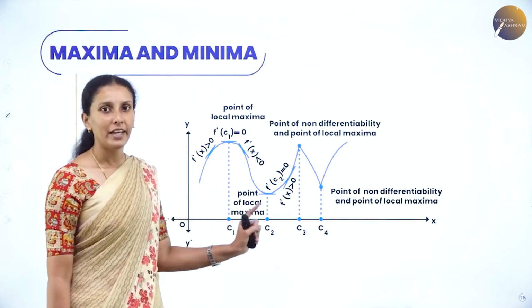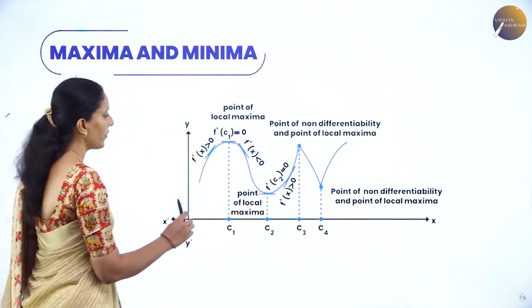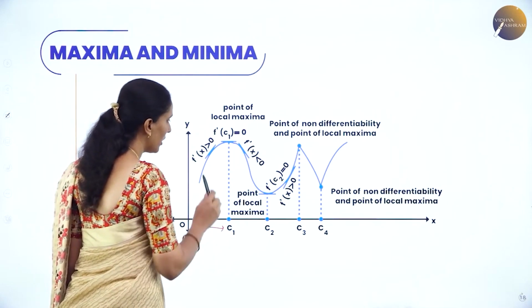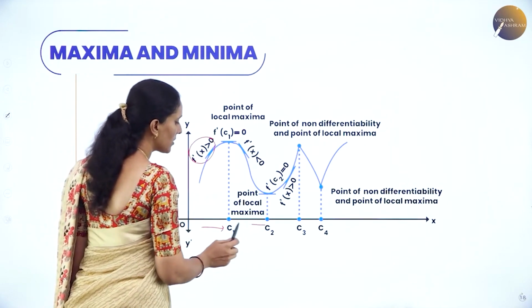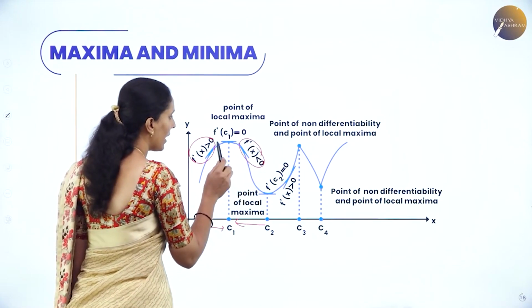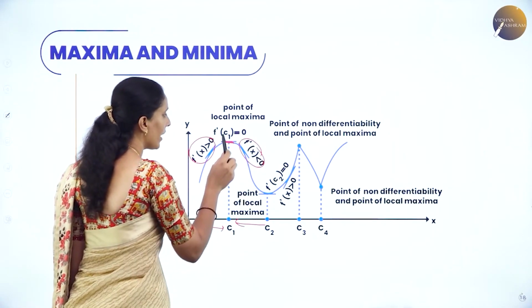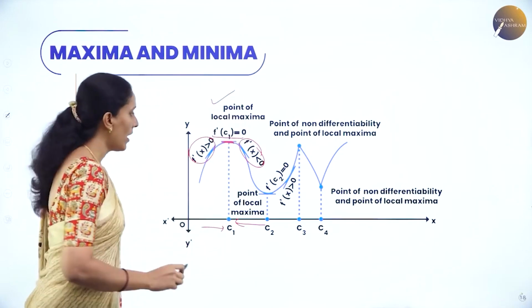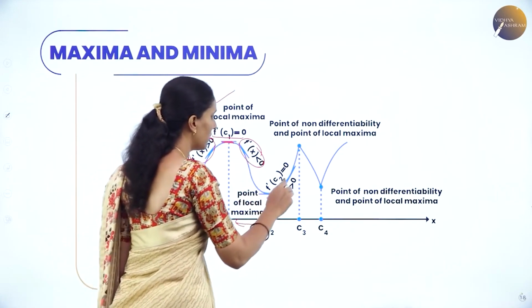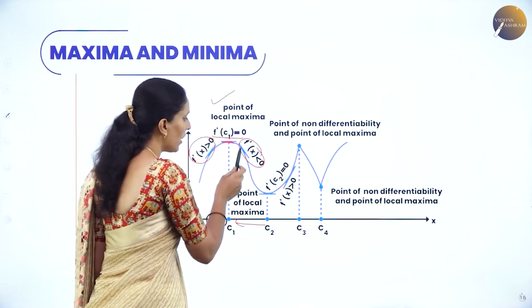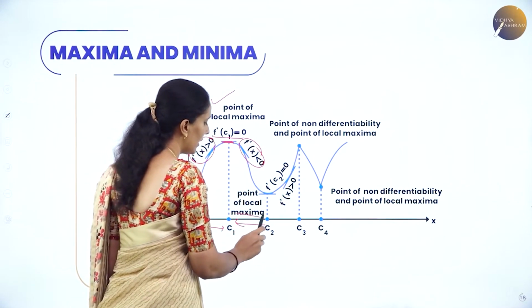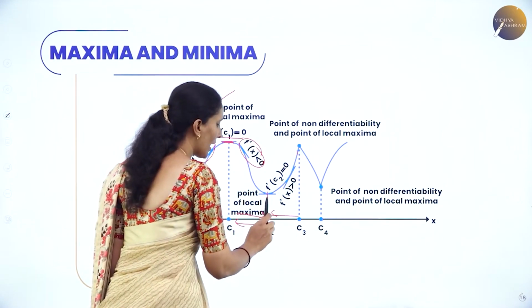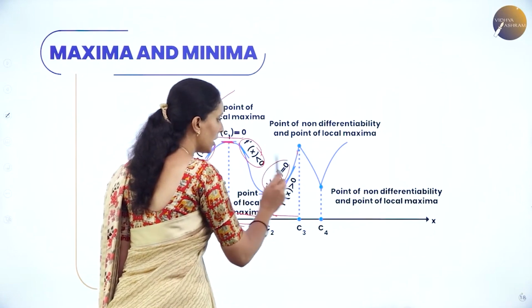So, here I have taken an example of a graph. You can clearly see here, if this is C1, towards the left it is positive, towards the right it is negative, and this point where f dash of C1 is 0 is called a point of local maxima. And if you take this curve here, towards the left it is decreasing and towards the right it is increasing, and thus we arrive at the point where f dash of C2 is 0.